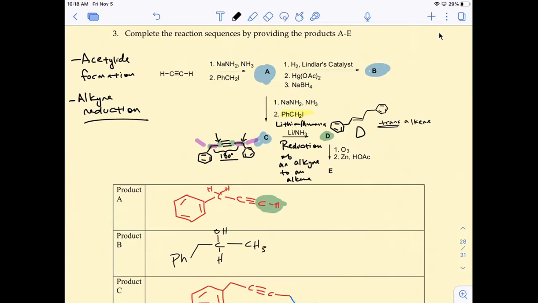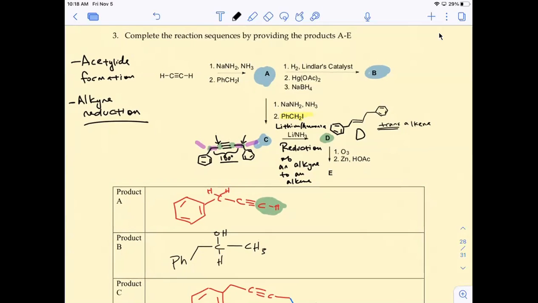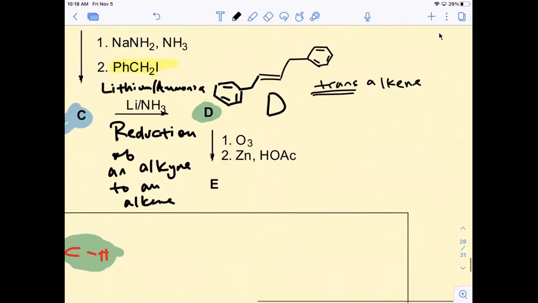All right, now the last reaction is looking at going from D to E. What kind of reaction is that? Ozonolysis? It's ozonolysis, good.